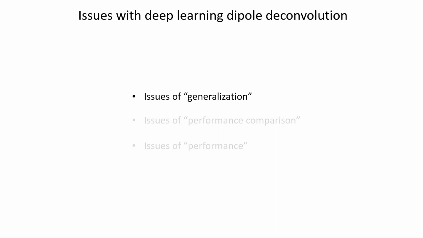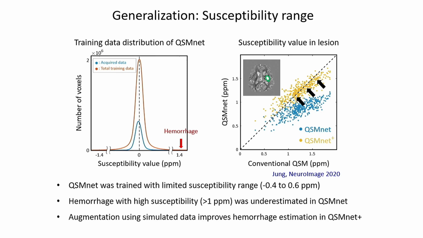So when we developed a method, the classical QSM tools can be applied for almost every application you can think of. Sometimes you face problems, but in many cases it was okay. But when it comes to deep learning reconstruction, it was not the case, as you are always bounded by your training data set.